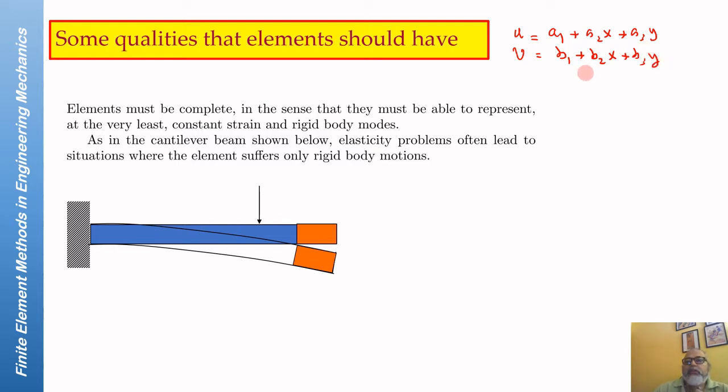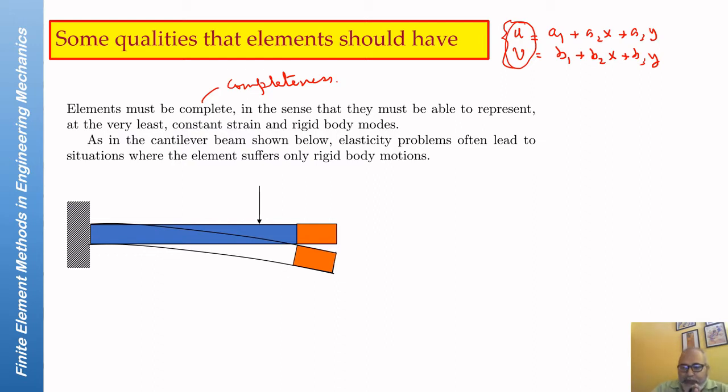Now the point is that when we choose these functions in whatever way we do, whether we assume it or do it through other means that we are going to explore later, the elements must satisfy the property of completeness. So for a problem in solid mechanics, what that means is that these assumed displacements, these trial displacements within the element, must be able to resolve at least the rigid body modes as well as the state of constant strain.